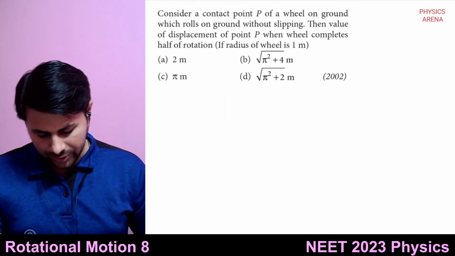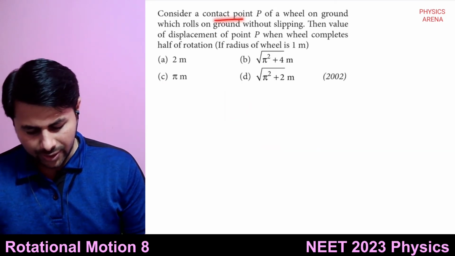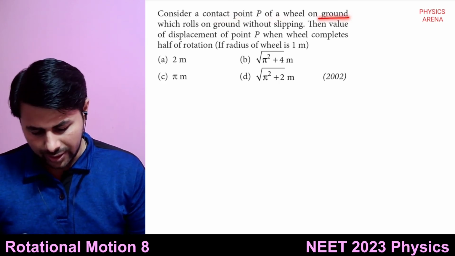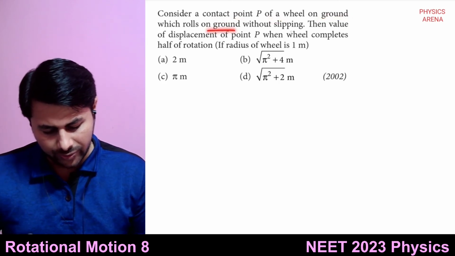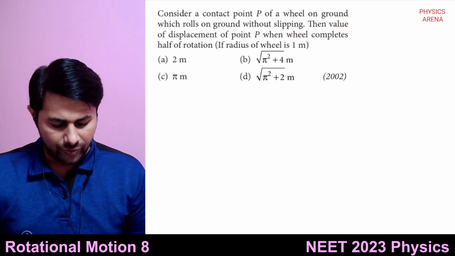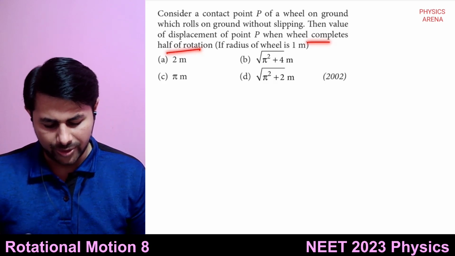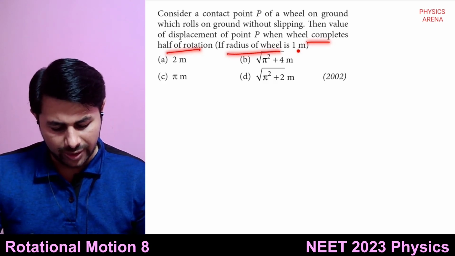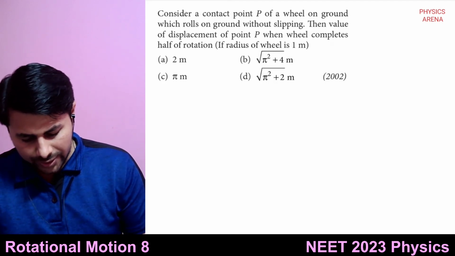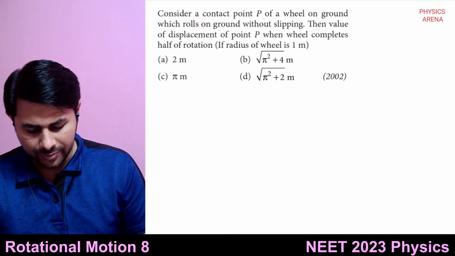All right, next question. Consider a contact point P of a wheel on the ground which rolls on the ground without slipping. Then find the value of the displacement of point P when the wheel completes half a revolution. The radius of the wheel is 1 meter. Okay, so consider a point of contact.